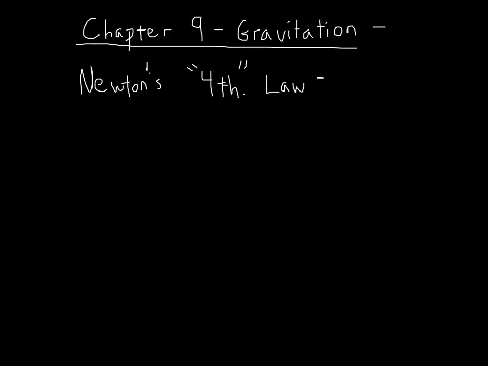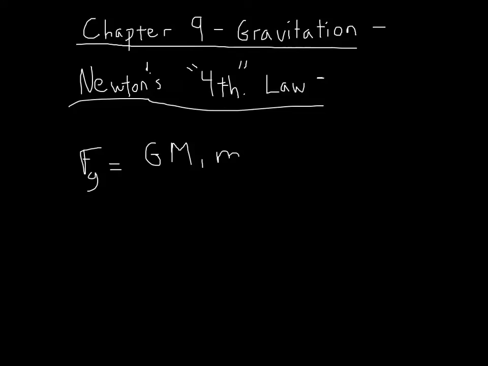So this chapter is all about gravitation, something I like to call Newton's fourth law. Newton's fourth law tells us that the force due to gravity anywhere in the universe is equal to a big G, which is the universal gravitational constant, times a mass 1 times another mass 2, all divided by r squared.